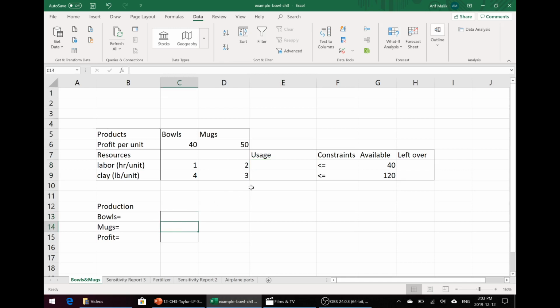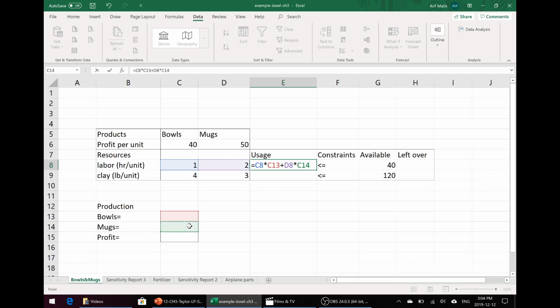This is 1x1 plus 2x2, so we put equal to this multiplied by the number of bowls, plus the 2 hours multiplied by the number of mugs.